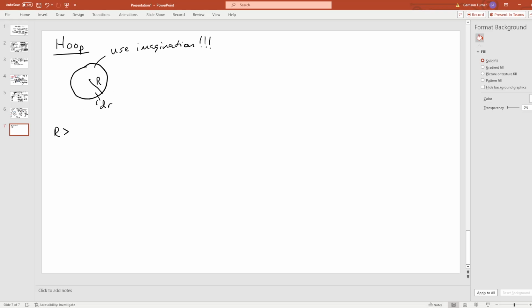My radius of my hoop is much larger than my thickness. Okay, so this is the definition of a hoop. And so I want to calculate the moment of inertia. And we're going to basically let this roll like a tire.